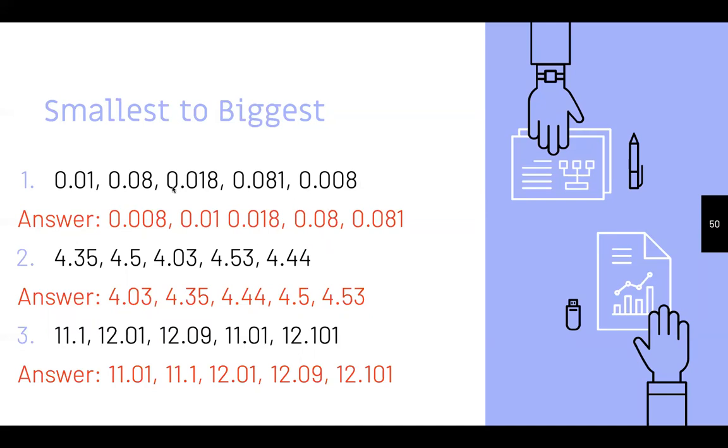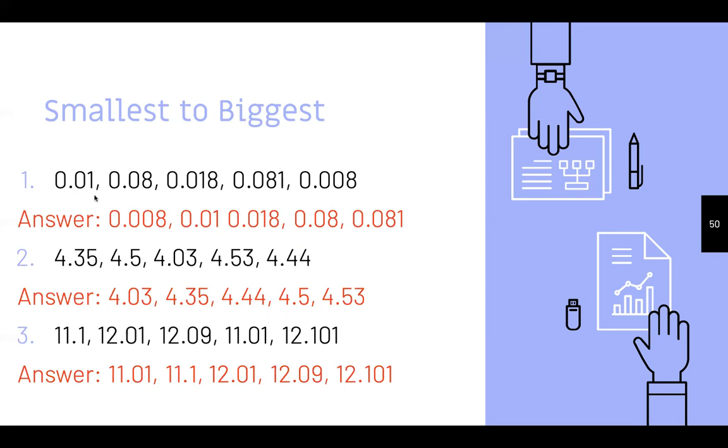Now we want to look for the next smallest number. There's 2 that have 1, 0.01 and 0.018. You may be thinking, they're not equal, but which is smaller? Well, the smaller one is the 0.01 because there's nothing in the 1,000 spot.